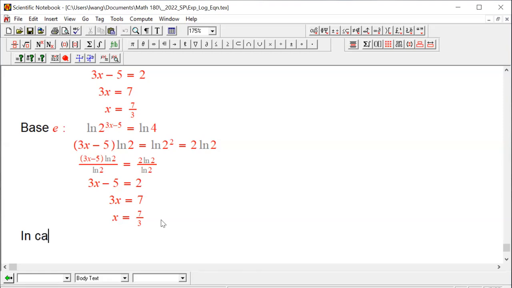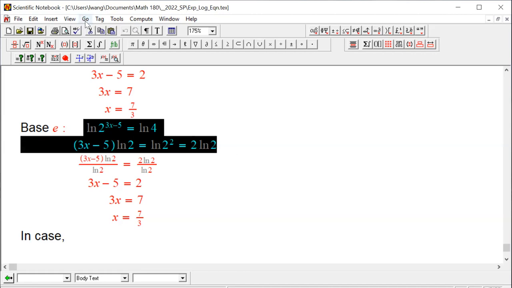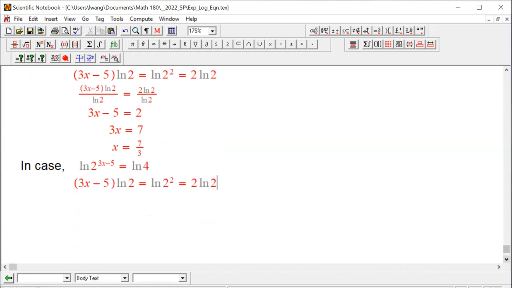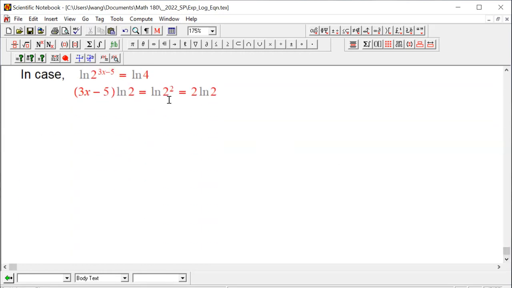In case somebody did not divide ln2 on both sides, what this person might do is distribute ln2 to inside the parentheses.